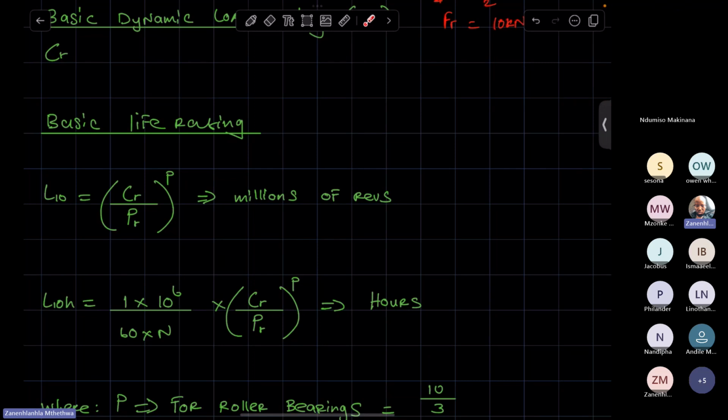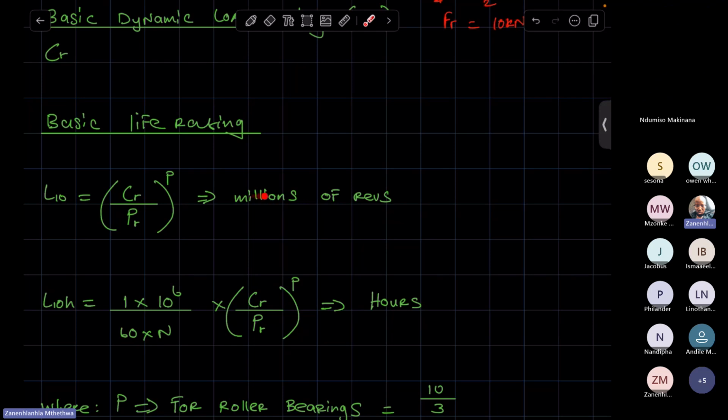Now, the basic life rating of a bearing is essentially how we consider the lifespan of a bearing. So we look at the lifespan of a bearing from two perspectives. One is millions of revolutions, and the other is hours. This represents how long the bearing is estimated to run.